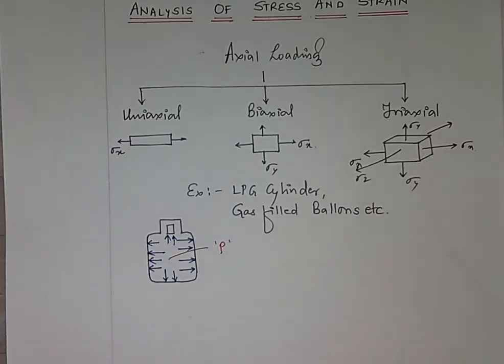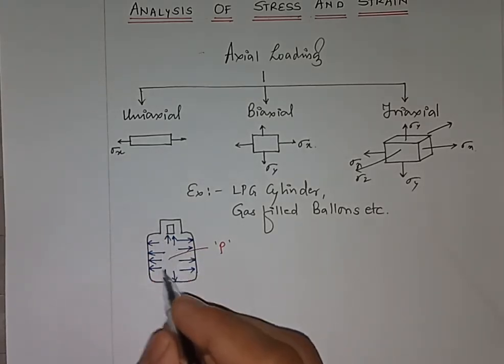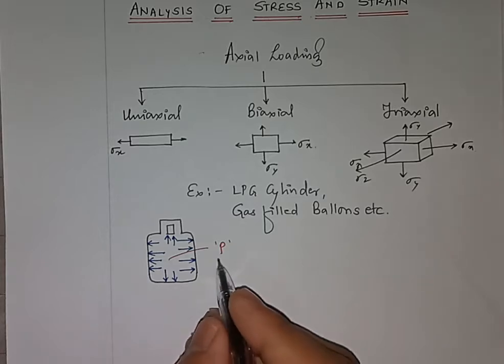This curved body is the contact surface and the pressure of the gas will be acting perpendicular to it, inside the cylinder. Now what happens if you increase this pressure P?